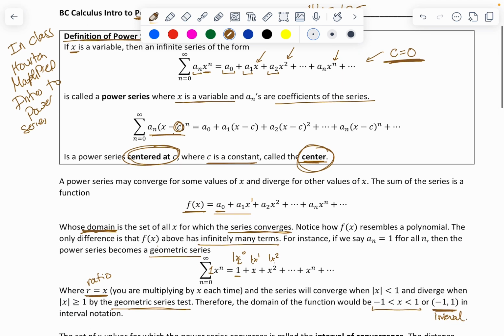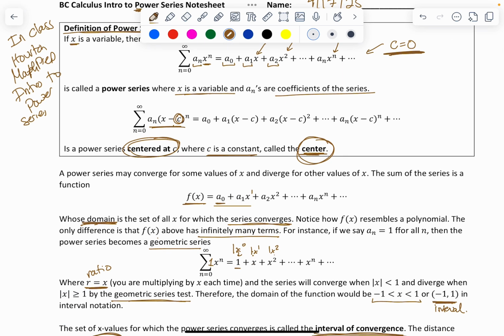A power series may converge for some values of x and diverge for other values of x. So now we're going to be determining where this convergence happens, because we have an x involved in our series. The sum of the series is now a function and no longer just numerical values like we had in the previous sections.